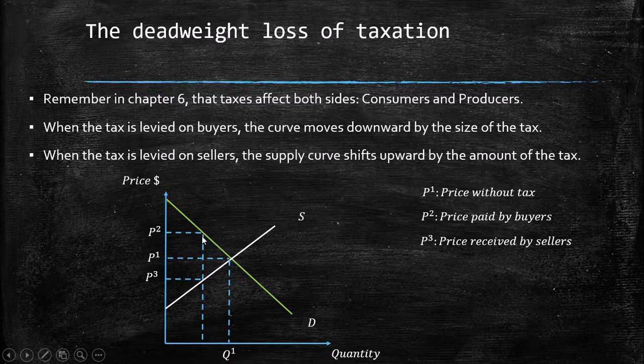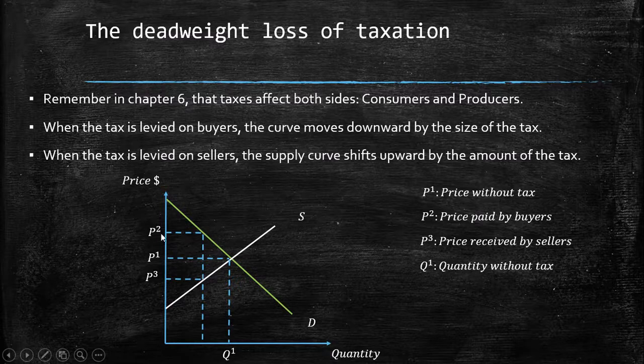The main point here is that the distance from P2 to P3 is the size of the tax. With the tax, consumers have to pay P2 instead of P1. But this higher price is not received completely by the producers. They will only receive P3.